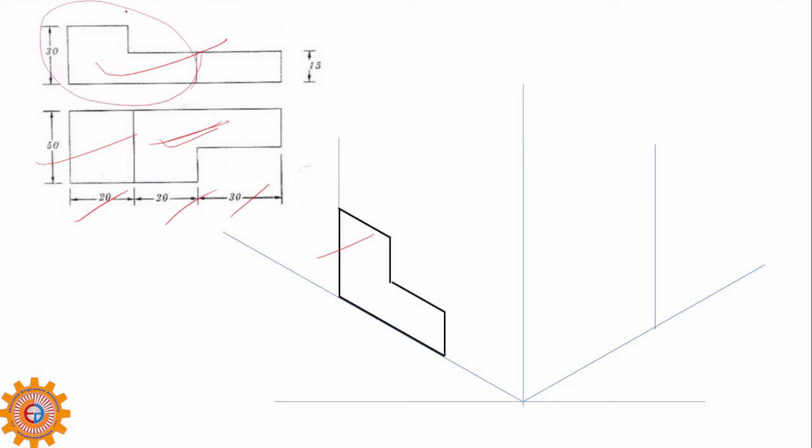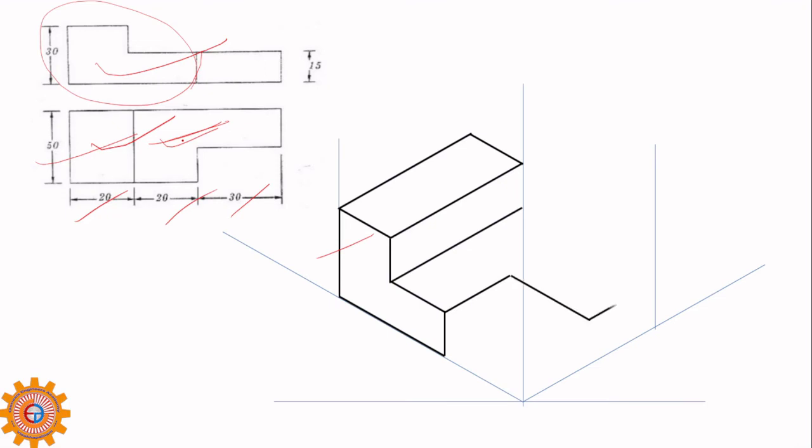Now I have to observe what is what. From this I can draw this one. Otherwise, there is a possibility of shifting this lower part to upper part.